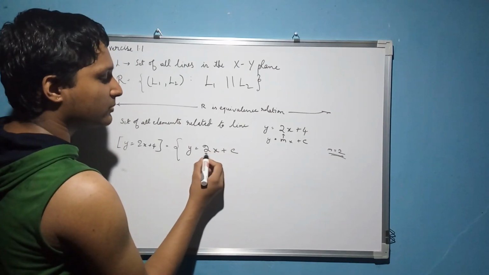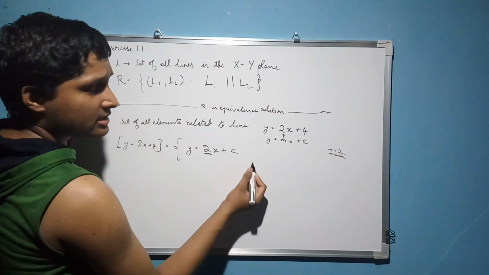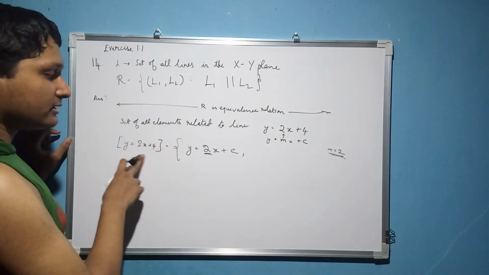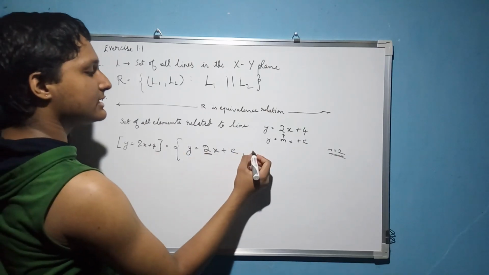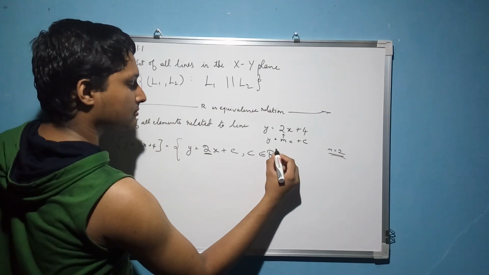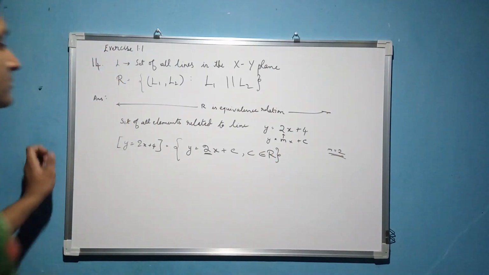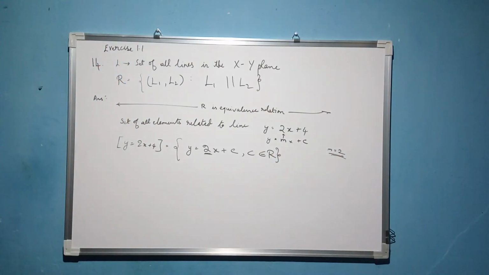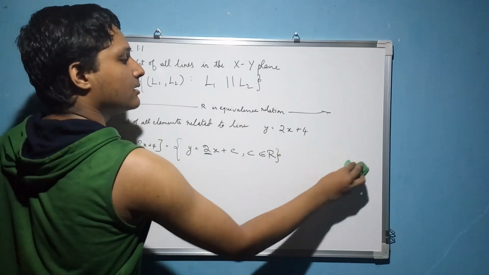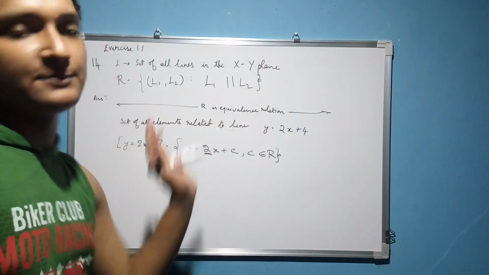Because the slope is going to be the same, maybe the intercept is changing for every parallel line, that is every line that is parallel to this given line. So c is belonging to the set of real numbers. That's it. This is the set of all elements that are related to the line y is equal to 2x plus 4. Only the intercept is going to change.